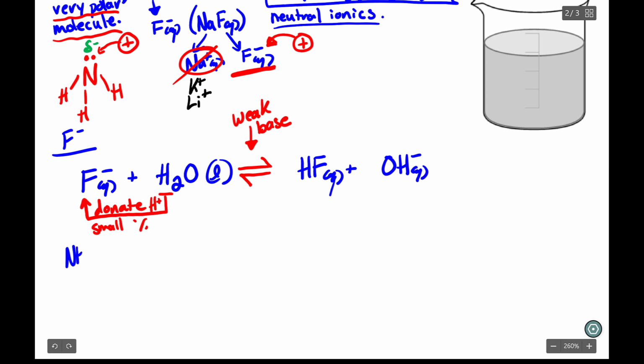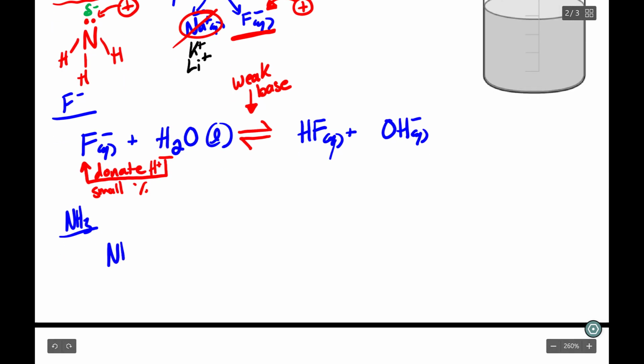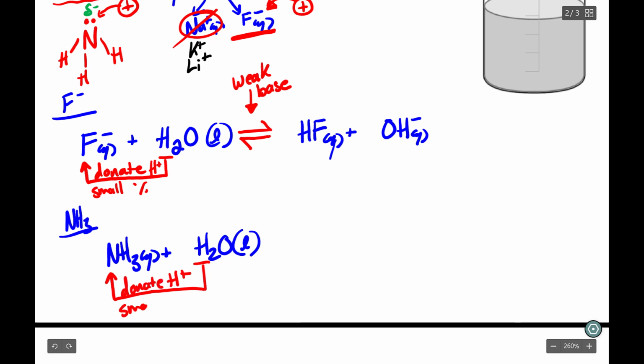If I was to do NH3, it looks very similar. I would have NH3 aqueous plus water. Now because the nitrogen is very polar and water is very polar, they're very attracted to one another. And some of the time, again, some of the time, not all of the time, waters will donate an H plus, a small percentage, to the NH3.